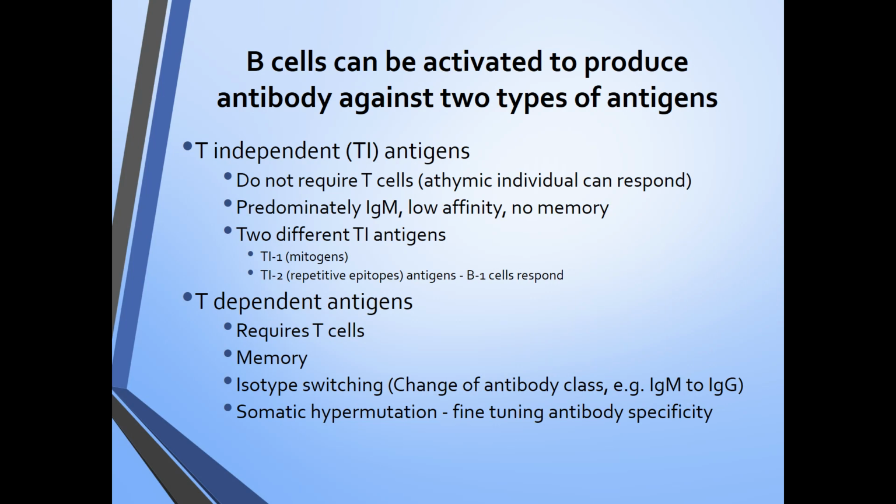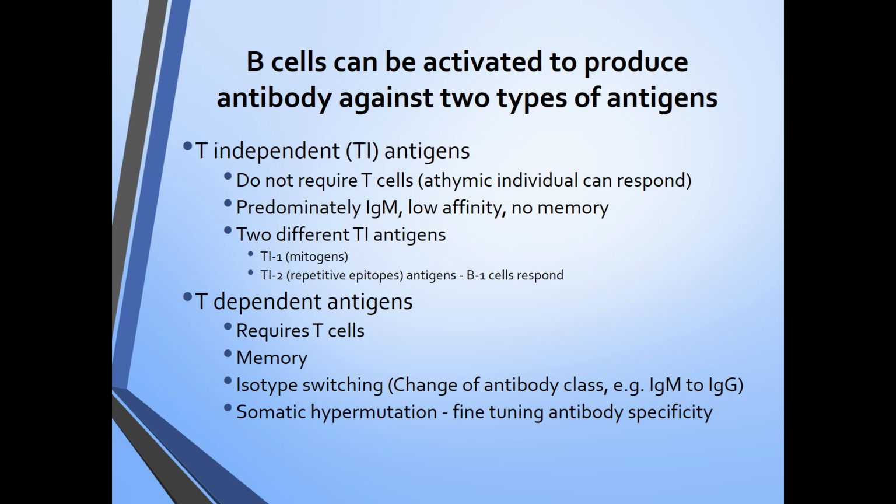Okay. Now the T-dependent antigens require T cells. So T-independent antigens, you don't need T cells. T-dependent, you have to have T cells. So protein antigens, typical protein antigens, most really good antigens will be T-dependent antigens.